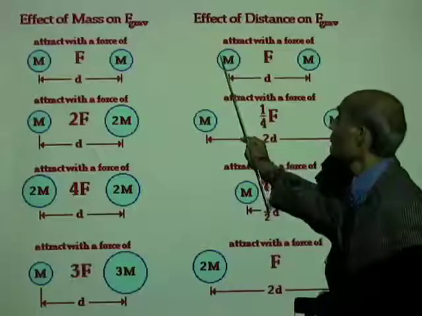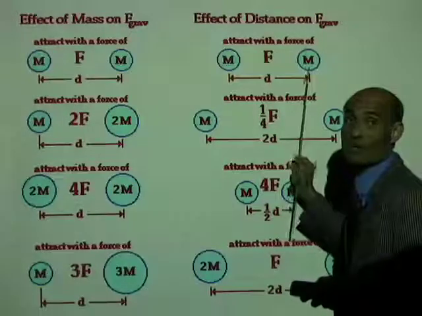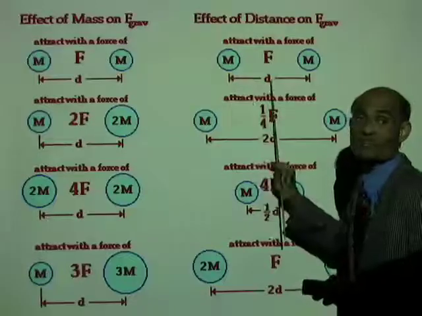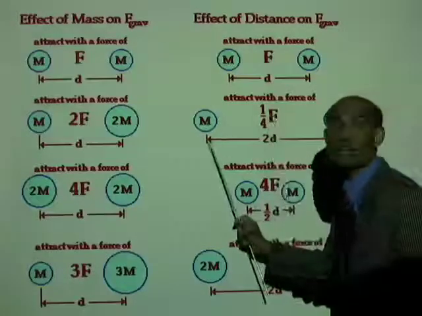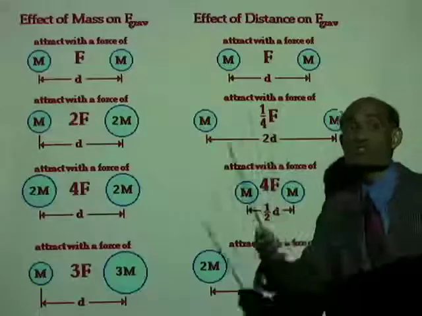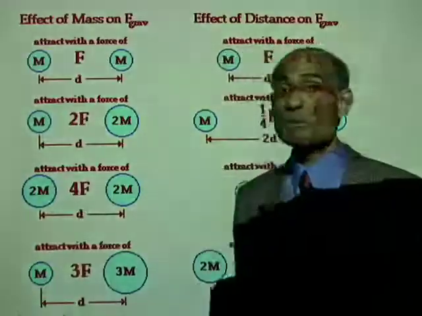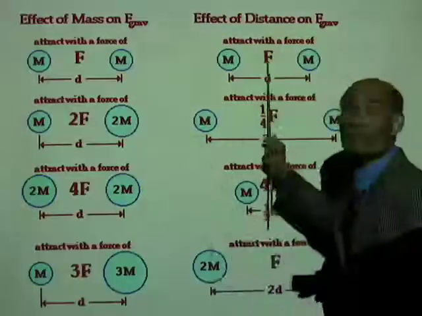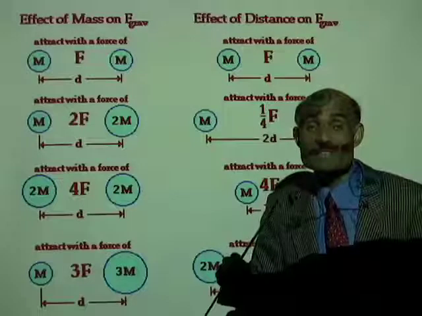Alright, the force between a mass m and another mass m separated by a distance d is 1F. What happens if you increase the distance to 2d? The distance is doubled. Now remember, in the formula for F, d is squared in the denominator.